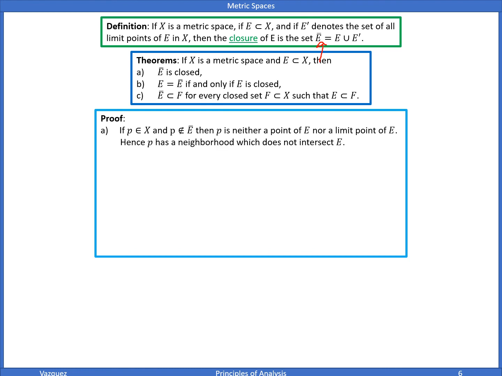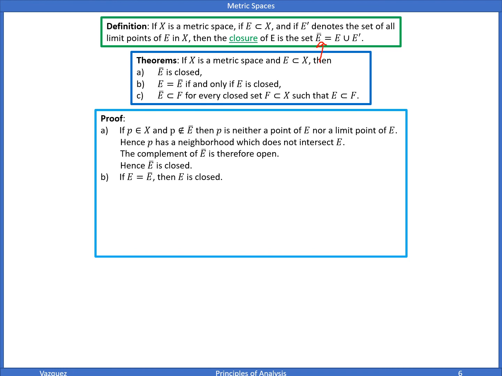Well, therefore P has a neighborhood which does not intersect E. How do we know this? Well, because otherwise P would be a limit point of E. So the complement of the closure of E is therefore open. Therefore, the closure of E is closed, right? We're using that theorem from the last slide.